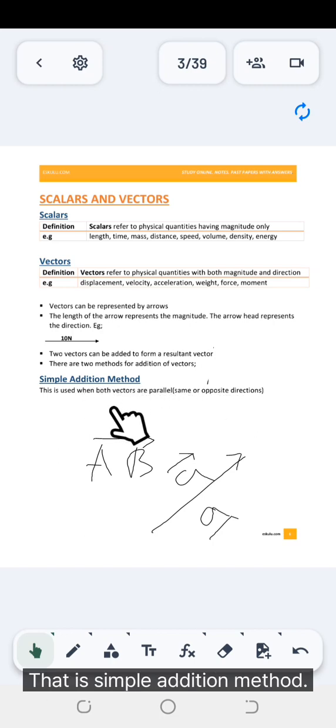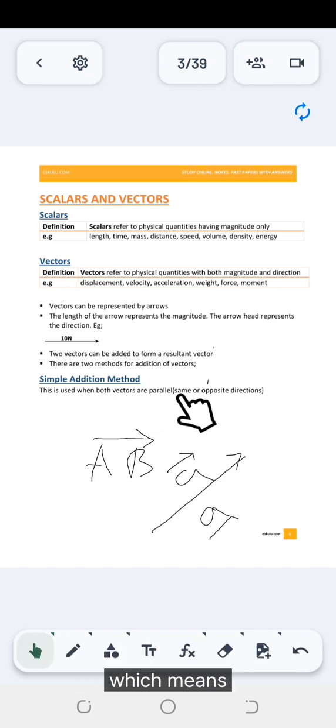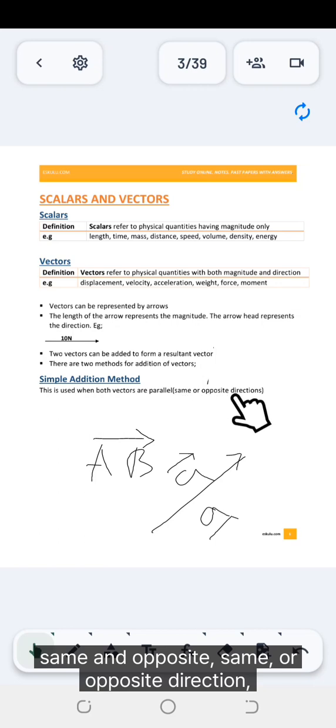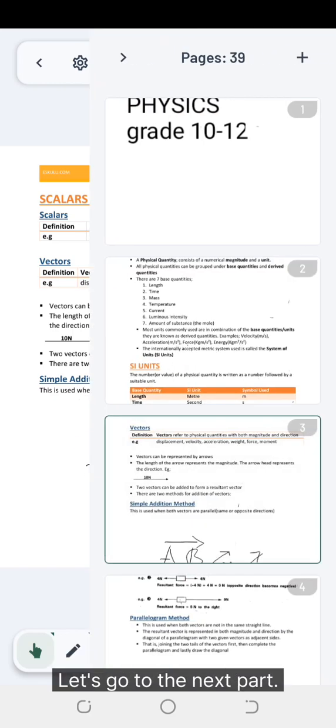So when two vectors are parallel, we can use the simple method of addition. Let's go to the next part.